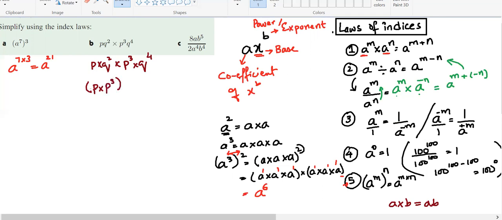Just to show you, I can write the product of p and p to the power 3 in one place, and q squared and q to the power 4 in another place. As a result, we get p to the power 4 because same bases are multiplied, you add the powers for p, similarly for q, and in the answer, you must not write this product sign. So the final answer should be p to the power 4, q to the power 6.